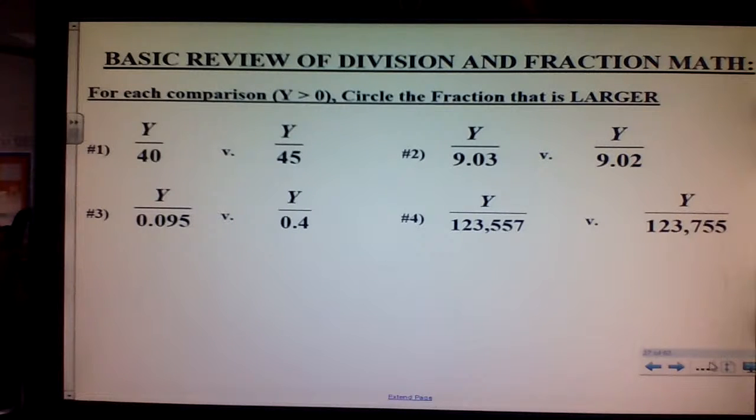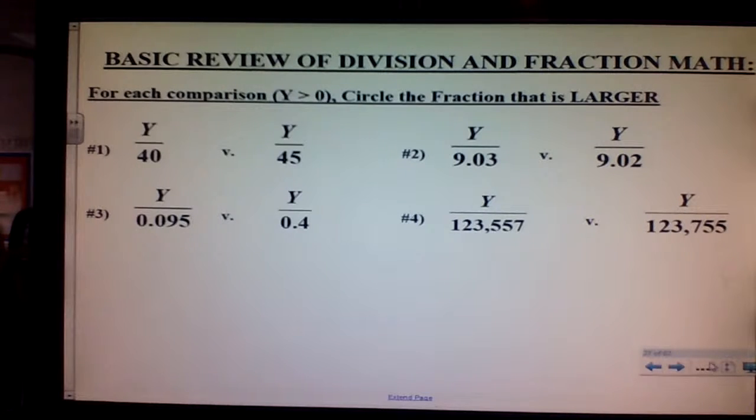If you take a look at these first 4, I need you to identify in each one the fraction that would give me the larger answer. So in number 1, would I divide by 40 or 45 to get a bigger answer? 40.